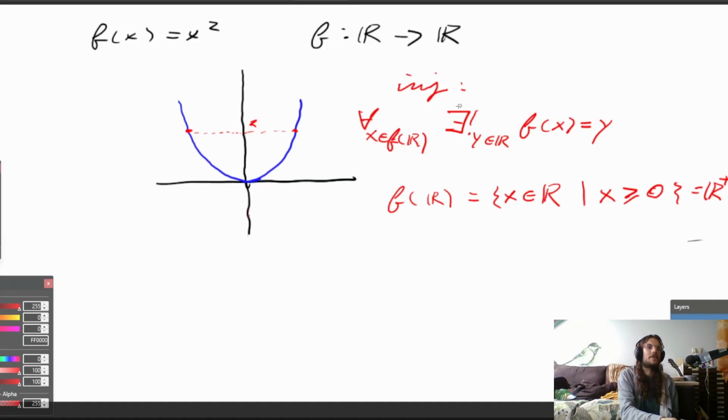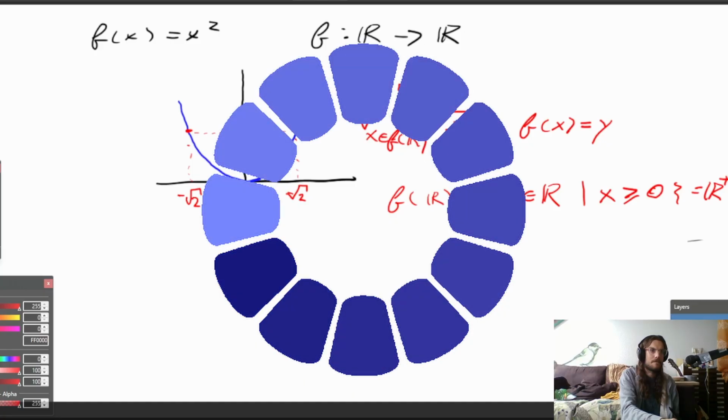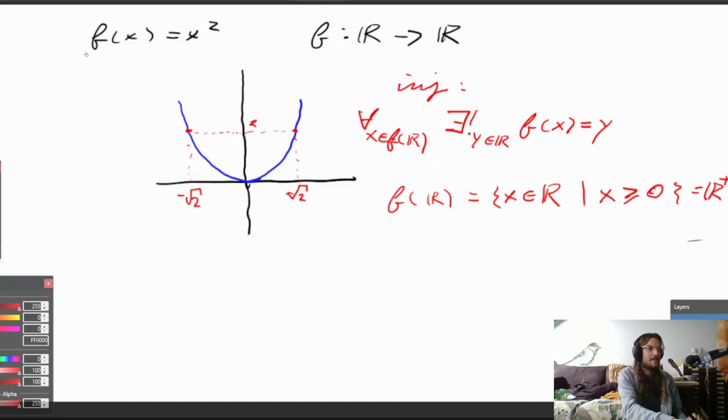Sometimes this is also called R plus. And in this case we can find the square root of 2 and the square root of negative 2, negative the square root of 2, and both of these map to the same output. Oh, I made a mistake here.